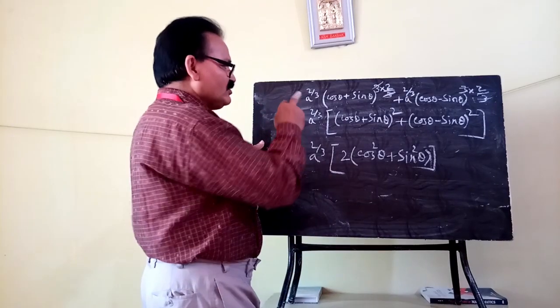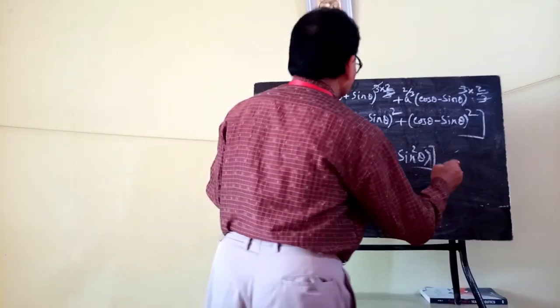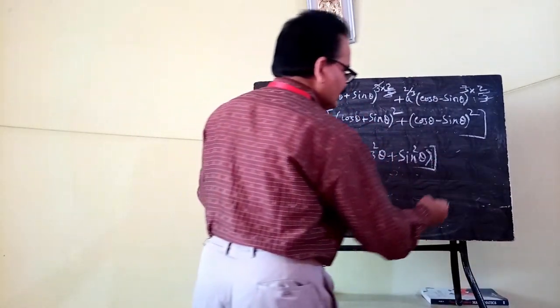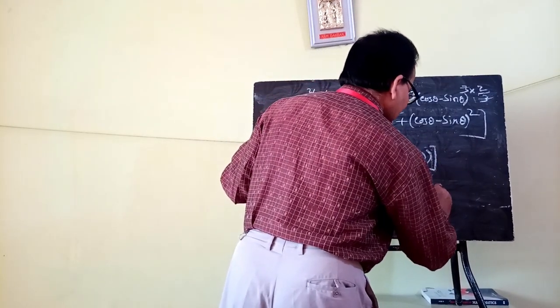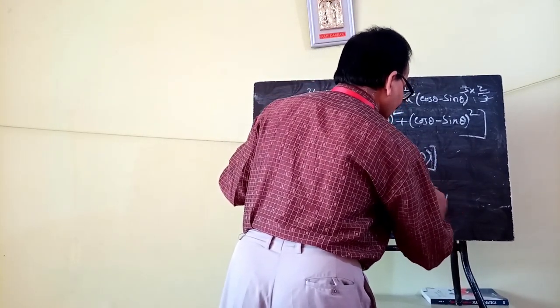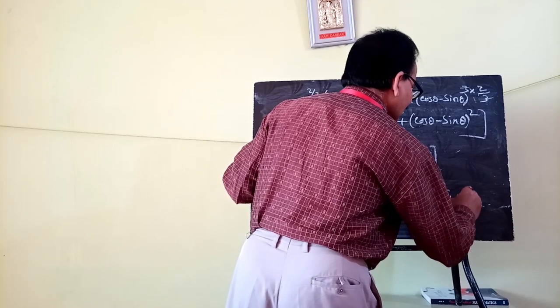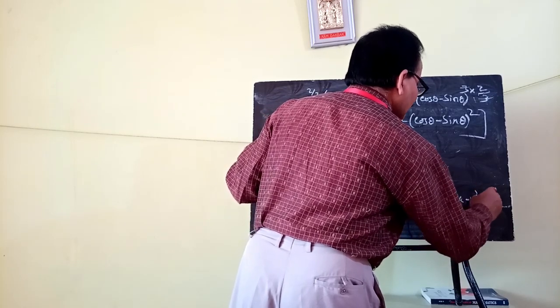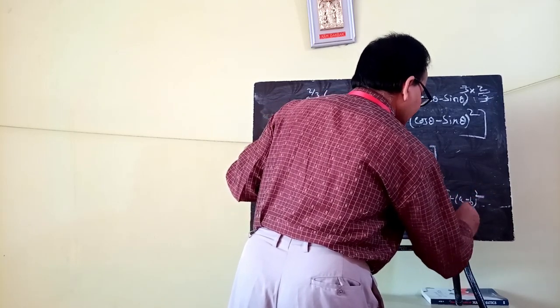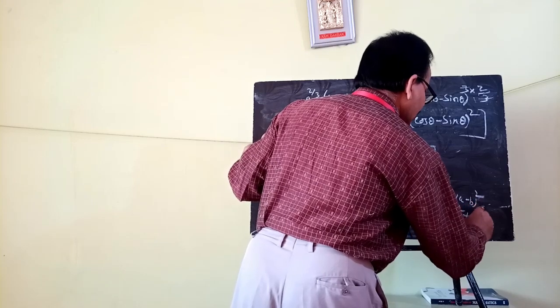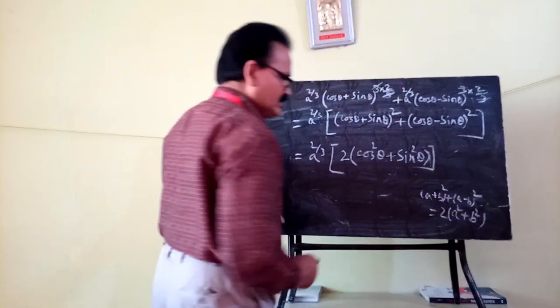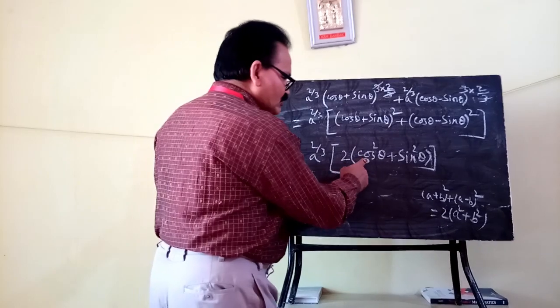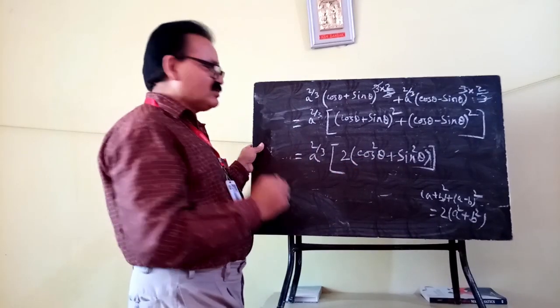So what formula have we used here? We have used the formula a plus b whole square plus a minus b whole square equals 2 into a square plus b square. This formula we have used. So you know cos square theta plus sin square theta is 1.